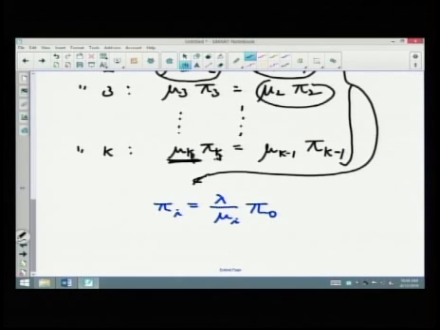So we come up with this. And we also have the sum over pi I equal to 1, right? So use this. Then you should be able to determine the pi's.